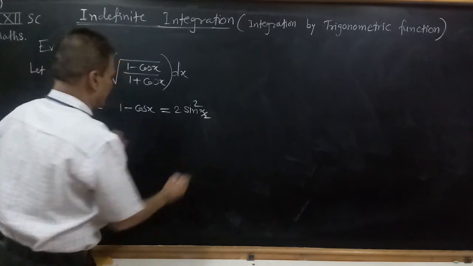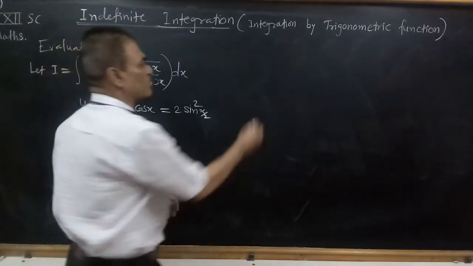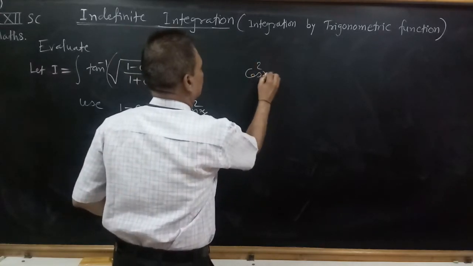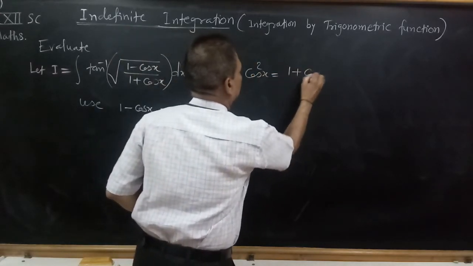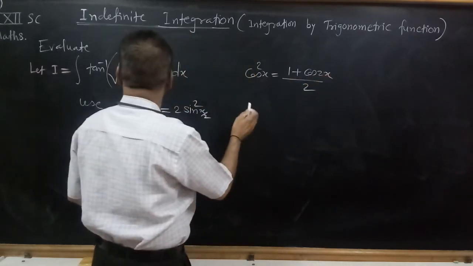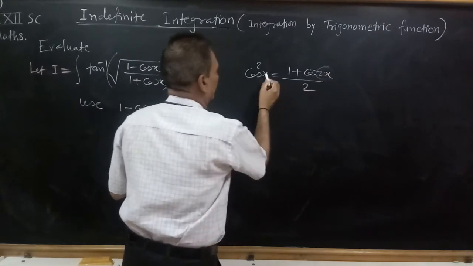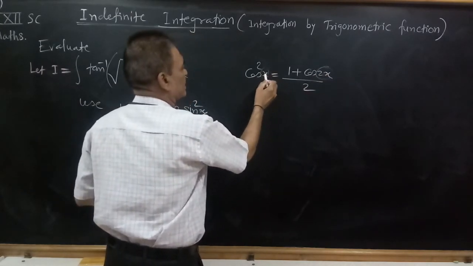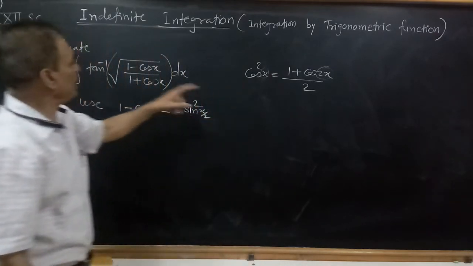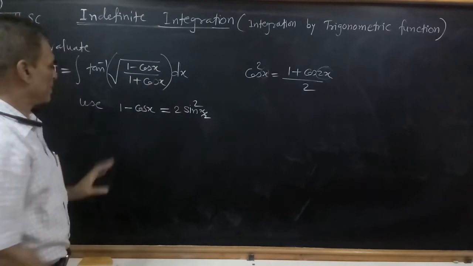Half of this angle. Okay, in my first question, today's first question, how to write cos square x: 1 plus cos 2x divided by 2. Here is a double angle, you can take half of that as a single angle. Similarly, here a single angle, you can take half.